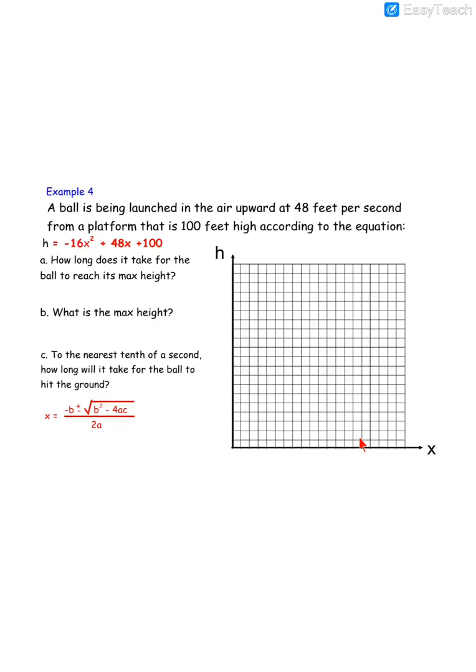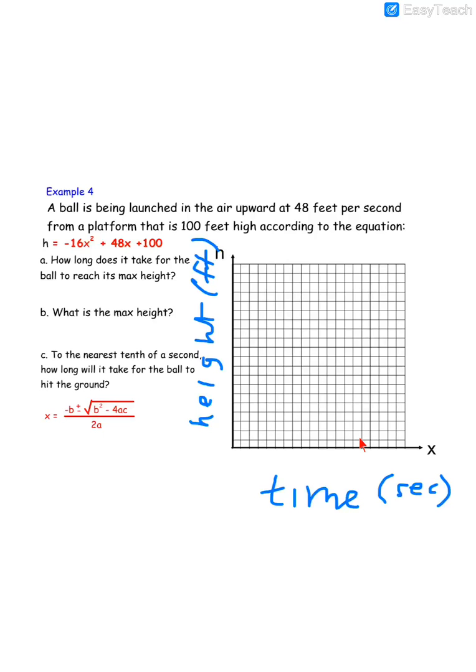So the x-axis is going to be time, which is measured in seconds. And the y-axis is going to be height, which is measured in feet.